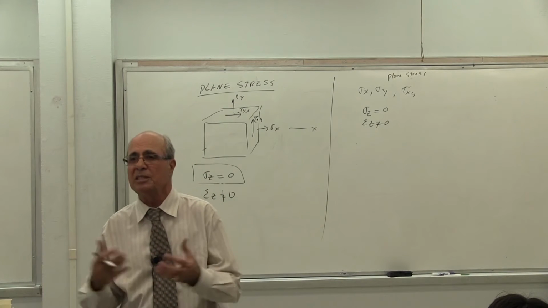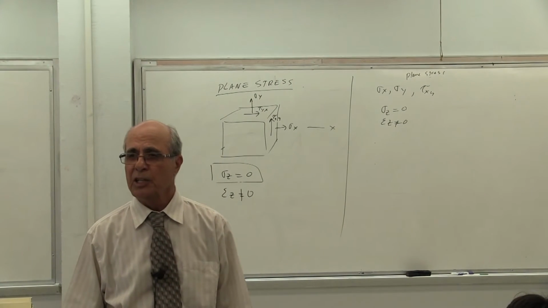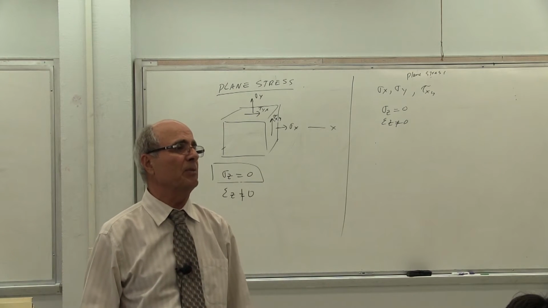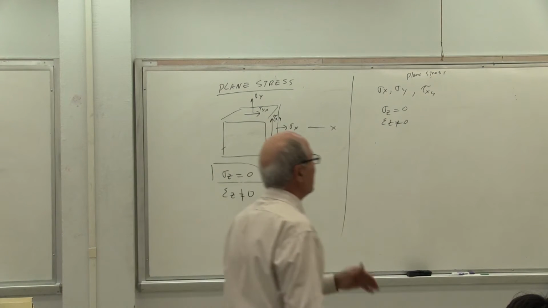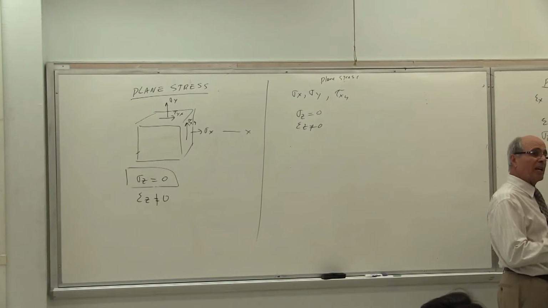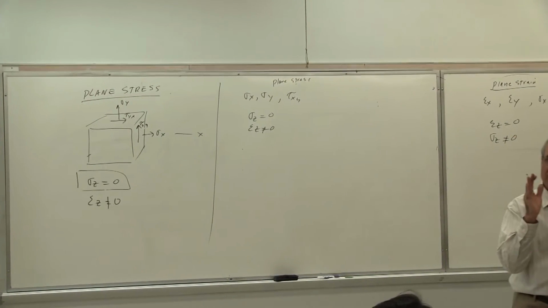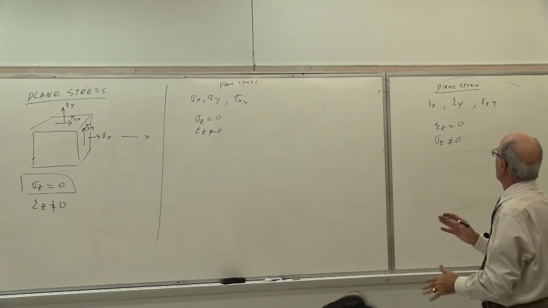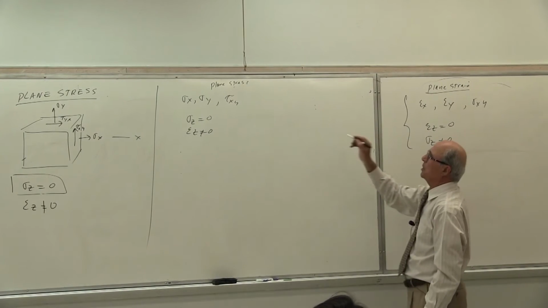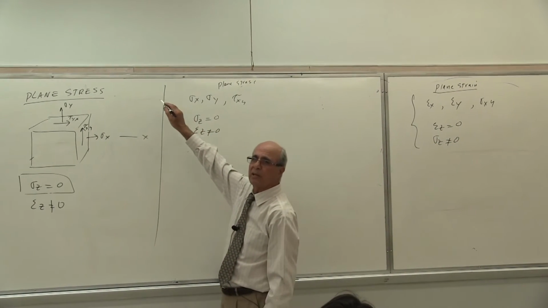That means epsilon in that direction equals 0, but it pushes against the metal, so there is a sigma there. Everybody understand that? So that's the technique. Although this is very rare to happen because the object has to be between two rigid plates to qualify, still we call it plane strain, which becomes similar to that. Is that correct or not?